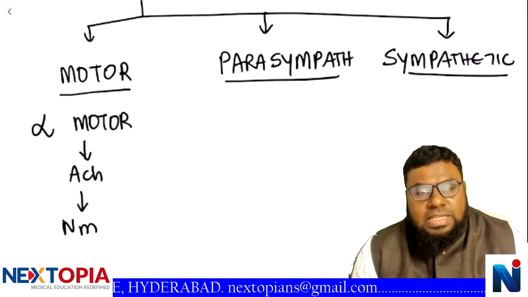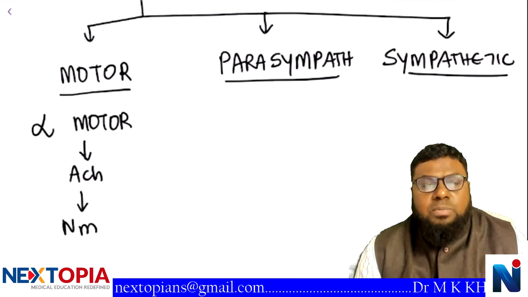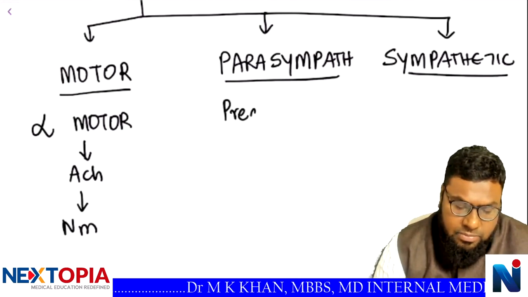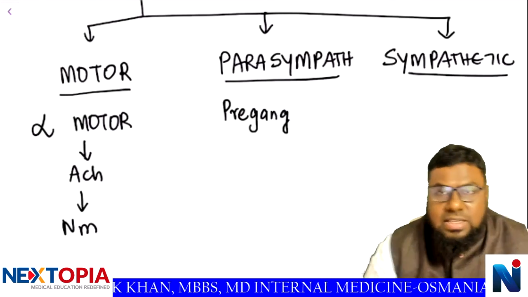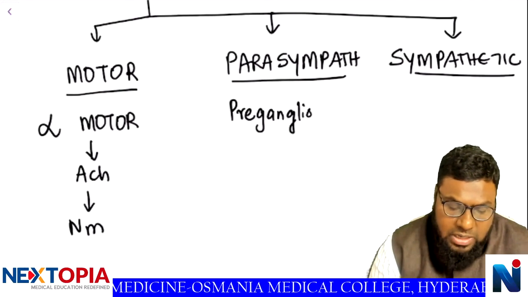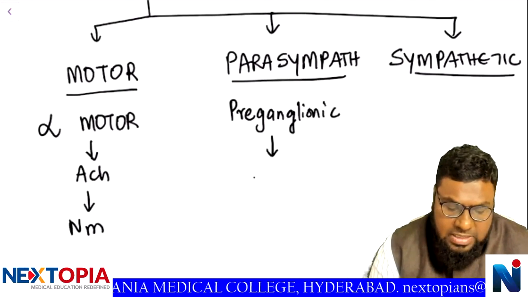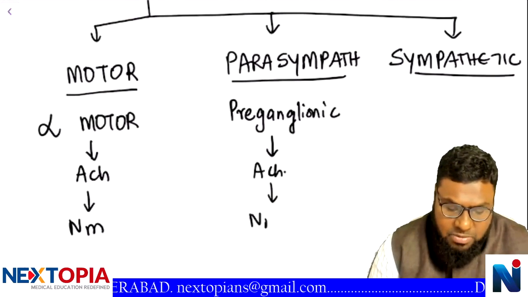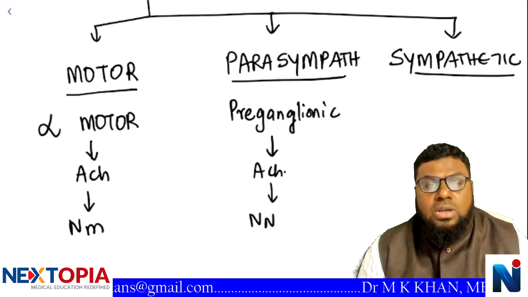We have got parasympathetic fibers. Here we have got preganglionic neurons. Preganglionic neurons release acetylcholine. Ganglion is nothing but a group of cell bodies. This acetylcholine binds to the NN type of receptors to bring about an action.